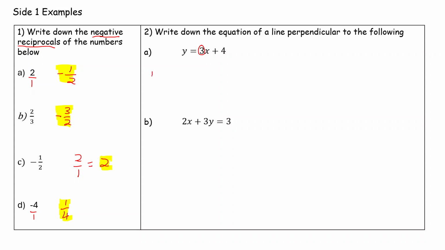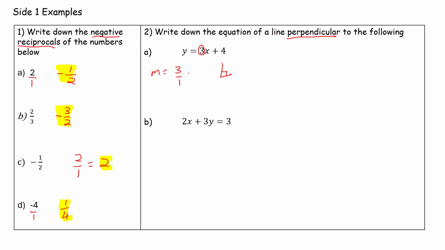So the gradient here, m, is equal to 3, which I can write as 3 over 1, because 3 divided by 1 is the same thing as 3. It just makes it clearer to see when I get my perpendicular line, my line at a right angle, that is where I take the negative reciprocal, like I've done over here.